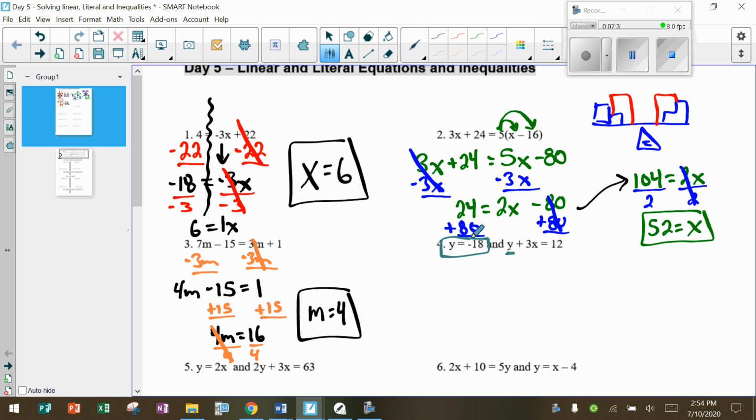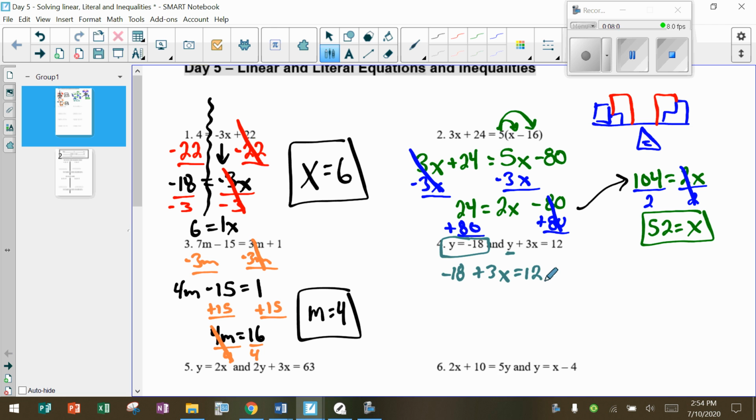Because if two things are equal, then you can put one value in place of the other and nothing should change. So we can do that with the letter y, replace it with the number negative 18, and the equation is still balanced. So the new equation looks like negative 18 instead of the y, and then still has plus 3x equals 12.